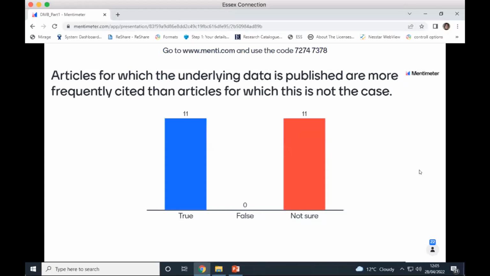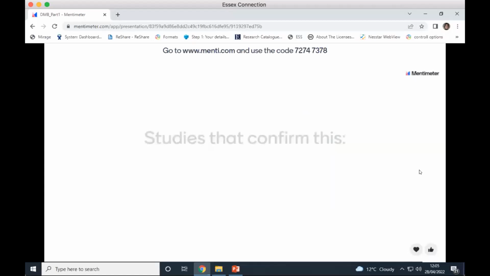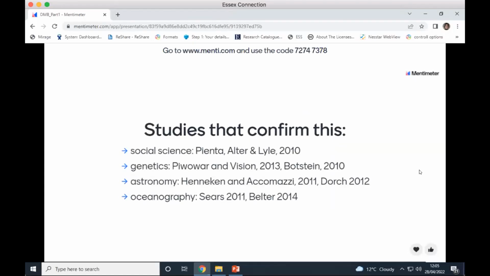Okay, well, it is true. Articles for which the underlying data has been made available are indeed more frequently cited than articles for which that is not the case. And I linked here the studies, if you want to have a look at that.